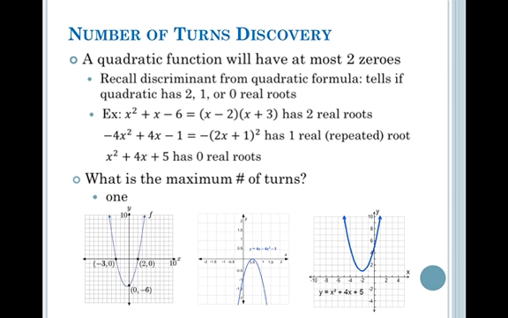And all a turn means is how many places the quadratic changes directions. Alright, so just to recap, a quadratic polynomial, which has degree 2, has at most 2 zeros and at most 1 turn.